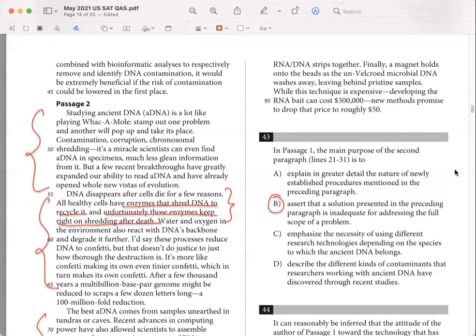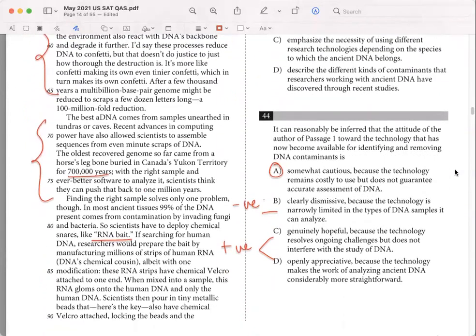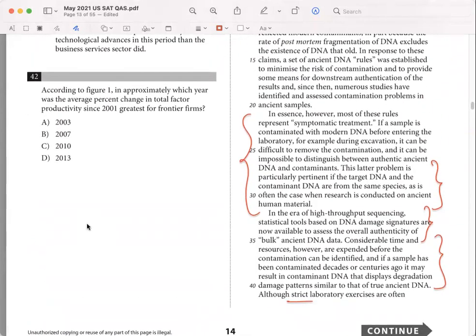Pristine samples. Yeah, but that pristine sample is when you're trying to get human from non-human, right? Because here you are looking at contamination by fungi and bacteria. But that solution is not going to solve this problem, because here you are looking at finding contaminant DNA, which is human, in target DNA, which is also human.